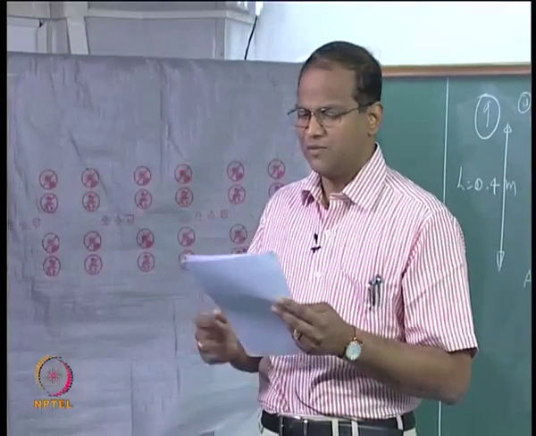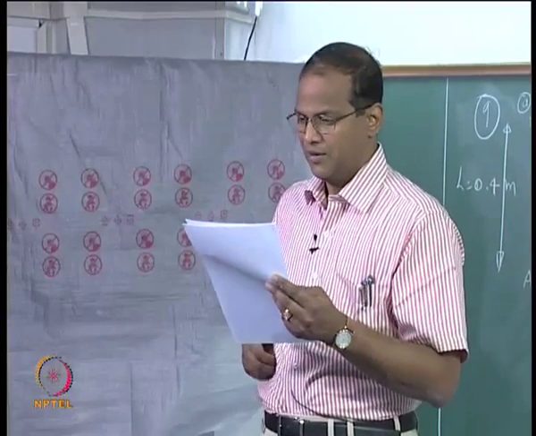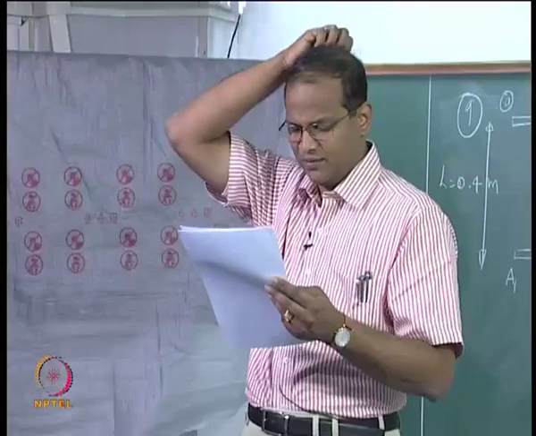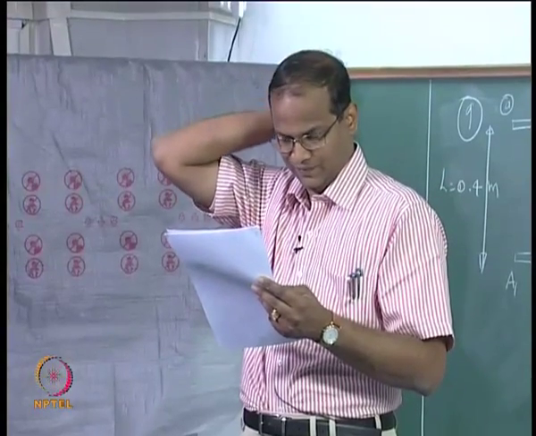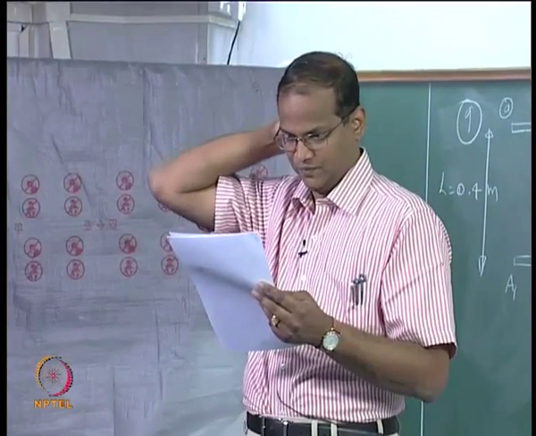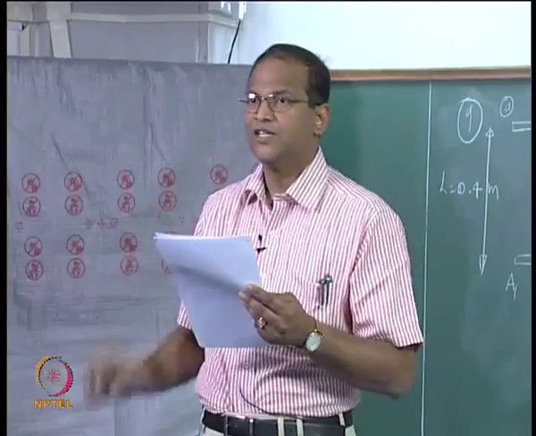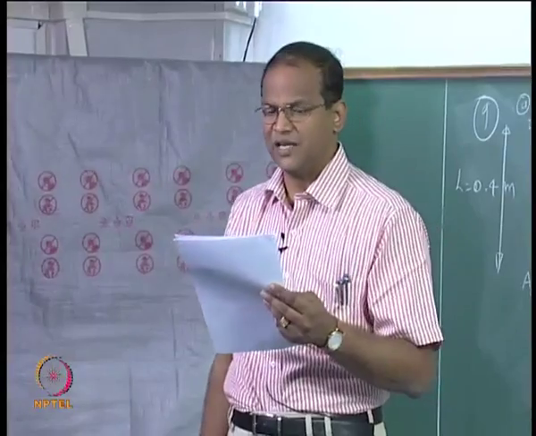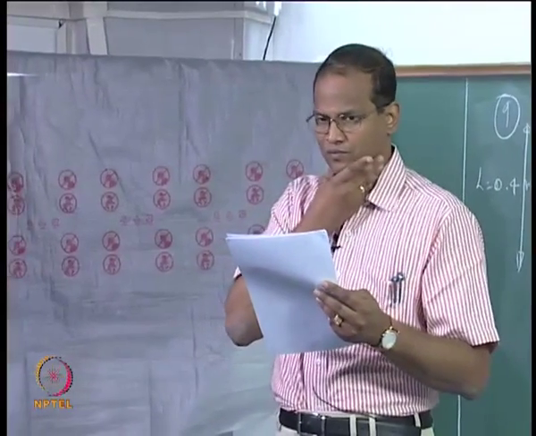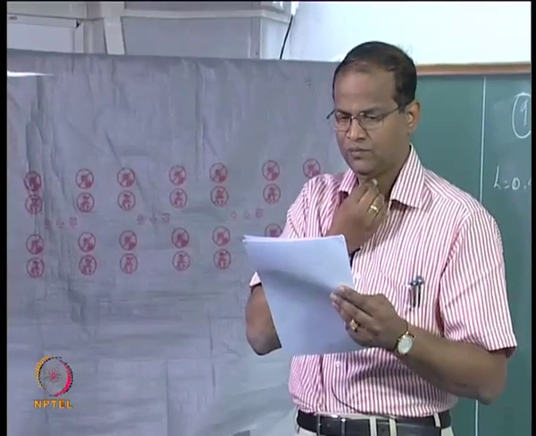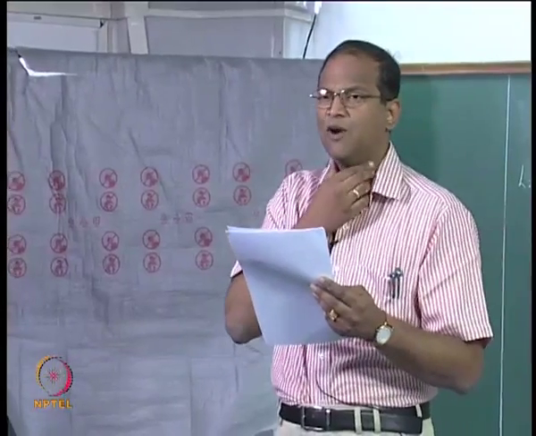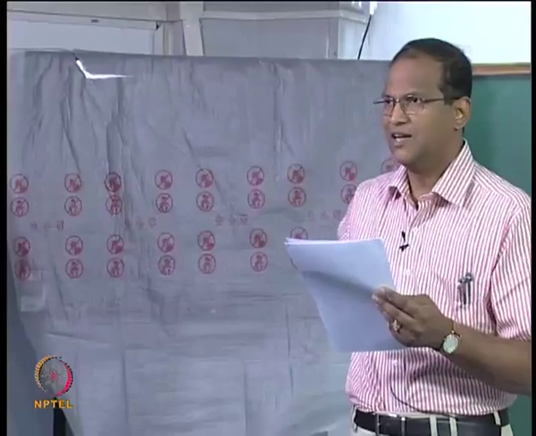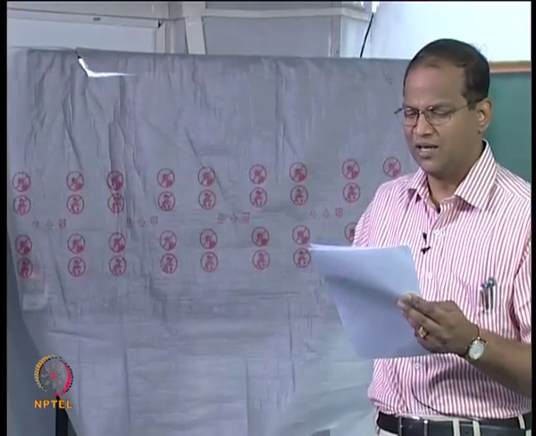Okay, consider an arrangement as shown in the figure to detect radiation emitted by an elemental surface of area A1 equal to 6.25 into 10 to the power of minus 6 meter squared, and temperature T1 equal to 1100 Kelvin.